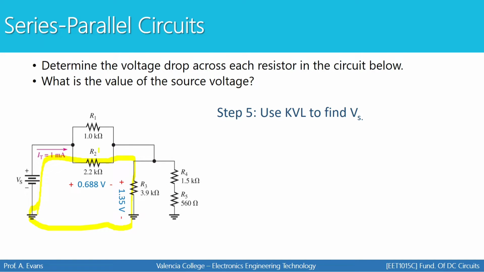If I sum the voltages around a closed loop, I can use KVL to find the missing voltage Vs. So if I start here on my loop and go clockwise, I'm going to have plus 0.688 volts, plus 1.35 volts, minus Vs equals 0. I can solve that for Vs to get 2.038 volts. So it's approximately a 2-volt source.